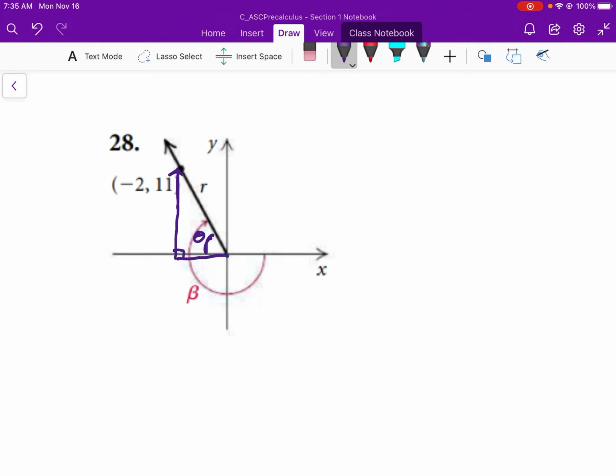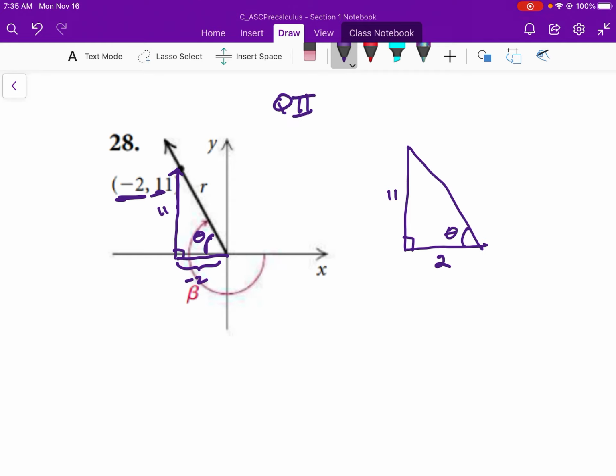So this side and this side are the important sides. So I'm going to redraw that over here just to get it out of the way of that picture. This is theta, just like the picture. Now, if the x-coordinate is -2, that means this is -2. So I'm just going to write 2 here. 11 is the y-coordinate, so this side is 11. So 11 is over here.